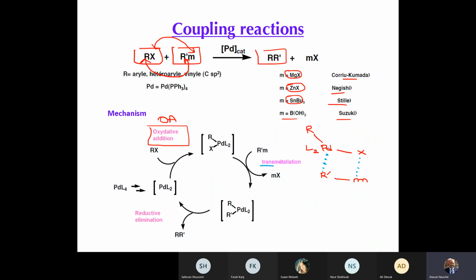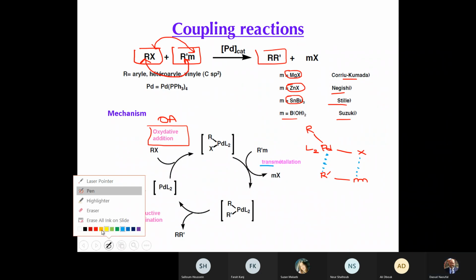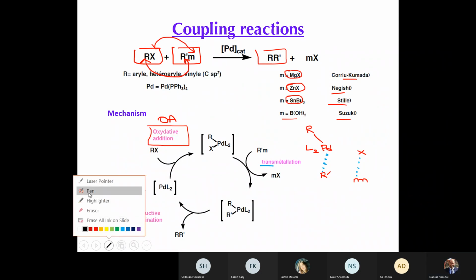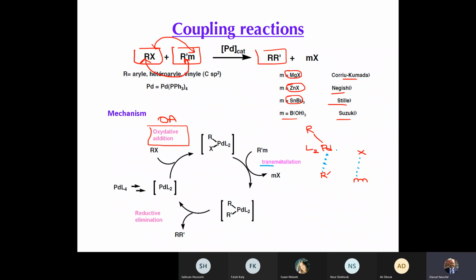When we have formation of four bonds, four centers, we break this bond, and we have formation also of an intermediate bond. So we break this bond and the R prime M bond, and we obtain what we call this metallocycle, where the two metallic centers are in trans position.